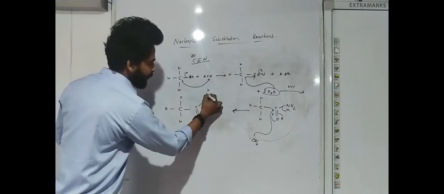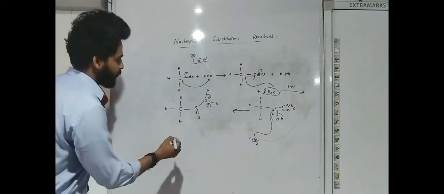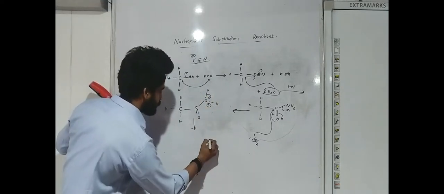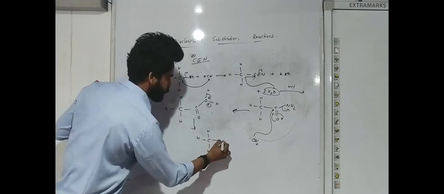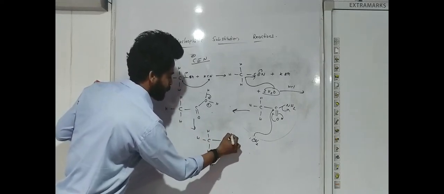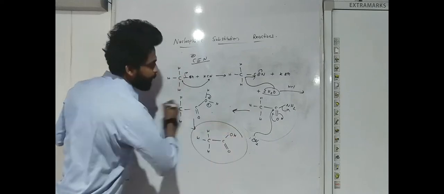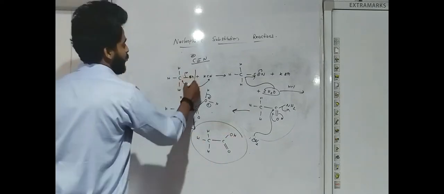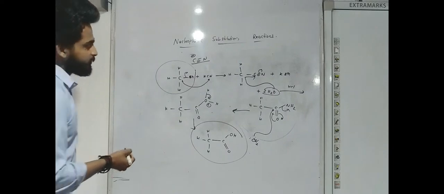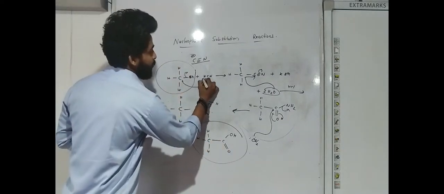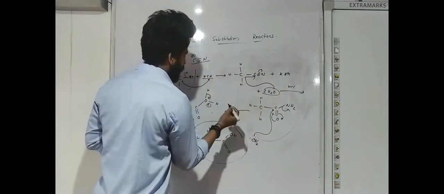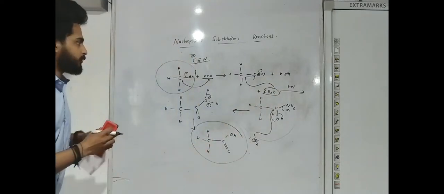So this hydrogen-oxygen bond will again break and we will get one acid group. So we prepared one acid group from this haloalkane. So that is another method for preparation of the acid from this haloalkane, by first using KCN, then adding two molecules of H2O.